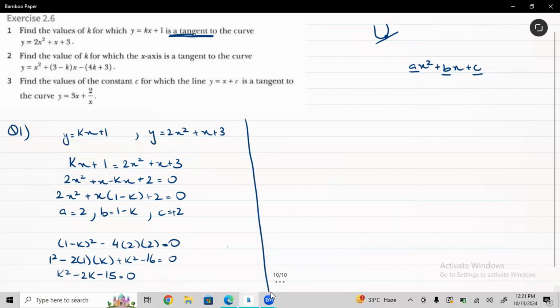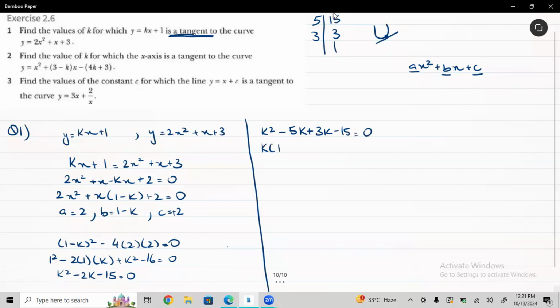Going to further solve this. As this is the first question, I'm going to solve the equation by finding the factors. Otherwise, I'm going to use the calculator from next time. So for 15, we take the factors 5 and 3. So we have k squared minus 5k plus 3k minus 15 is equal to 0.